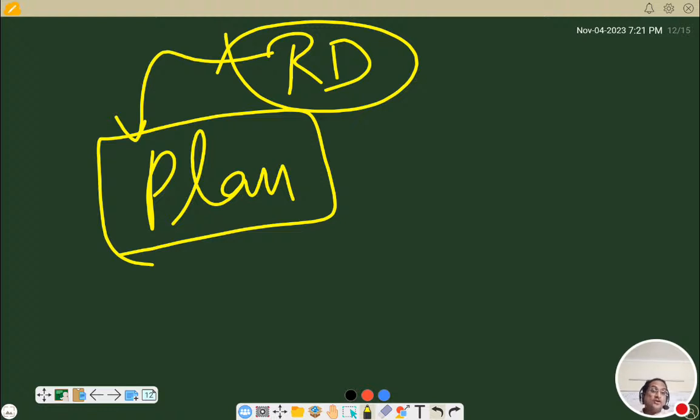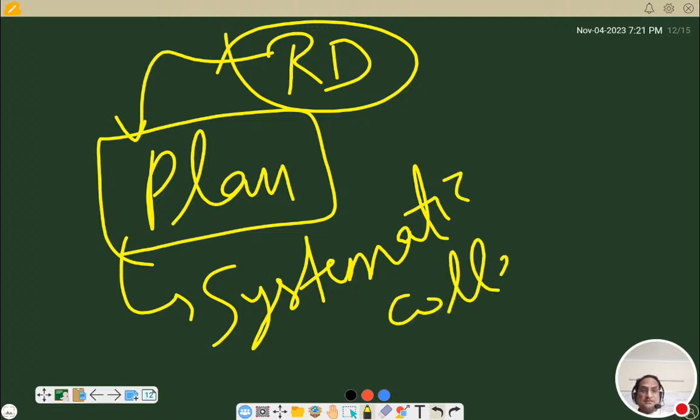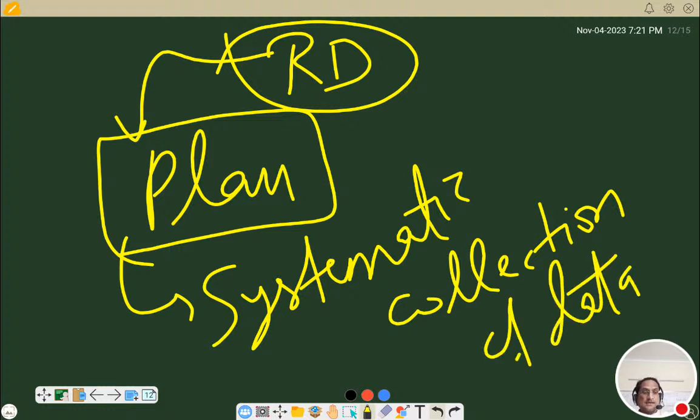That plan, according to which the systematic collection of data will take place. The research design gives you a plan according to which the systematic data collection will take place.